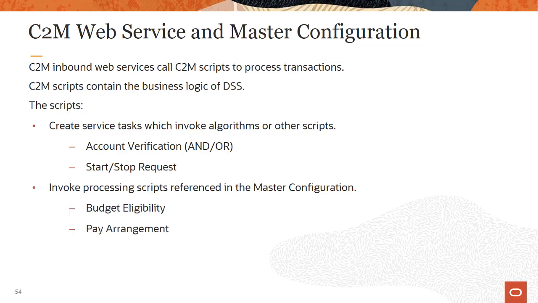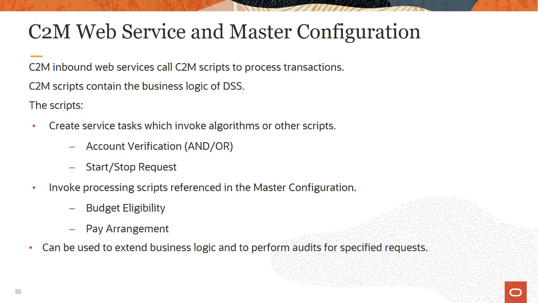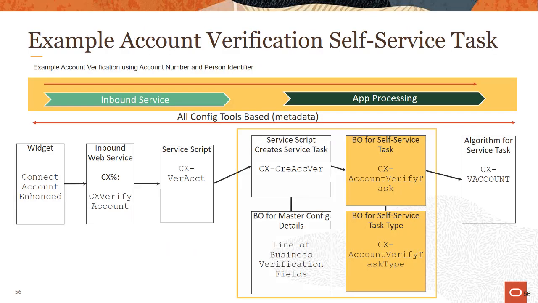Examples include the budget eligibility self-service task, which determines if a customer is eligible to enroll in a budget plan, or the pay arrangement eligibility task, which determines if a customer is eligible to enroll in a payment plan. Service scripts can also be used to extend the business logic and, with specific configuration, to perform audits for specified requests.